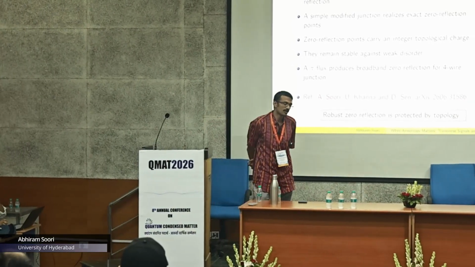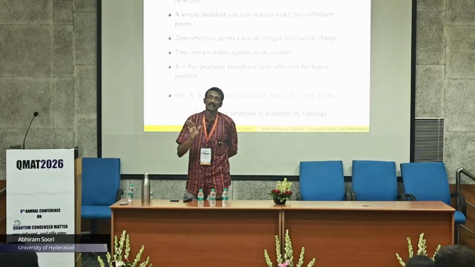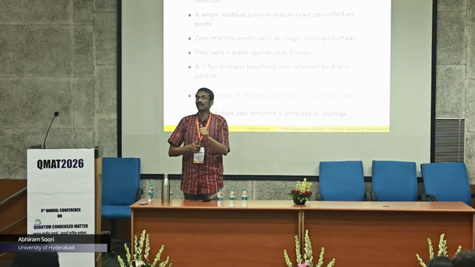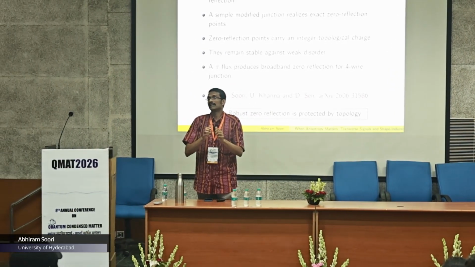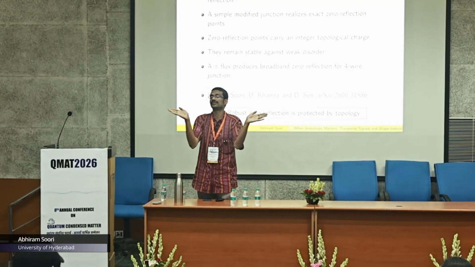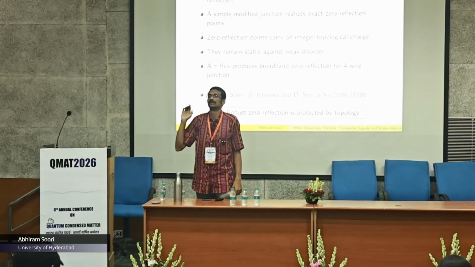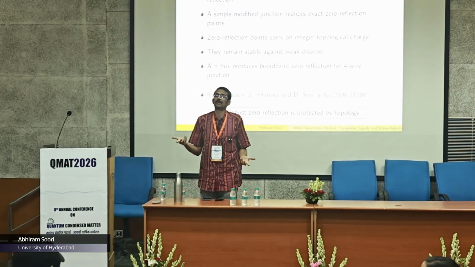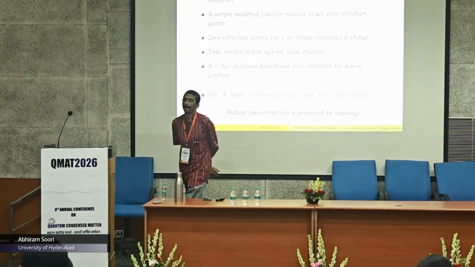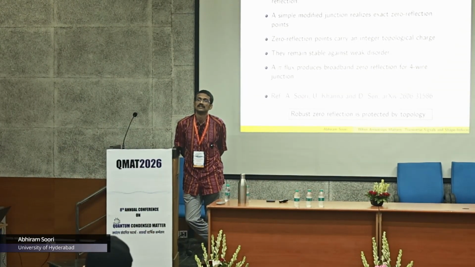Zero reflection. It's not localizing the electron because there are 4 wires. You send an electron in wire 1, it will get transmitted into wire 2 and wire 4 equally. The probability of transmission is half to wire 2 and wire 4, and to wire 3 it is 0. The reflection back to wire 1 is also 0. And is it for all the energies? All the energies. That is something very interesting that we find.